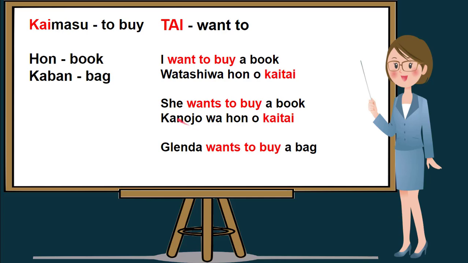So if we translate she wants to buy a book, it will be Kanojo wa hon o kaitai. Let's read this once again. Kanojo wa hon o kaitai. In English, she wants to buy a book.